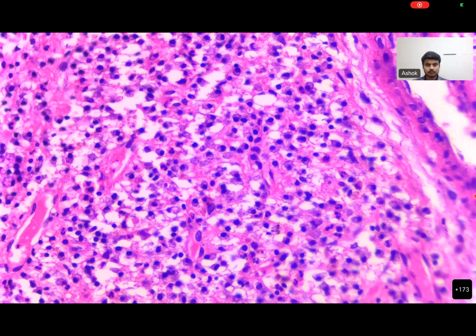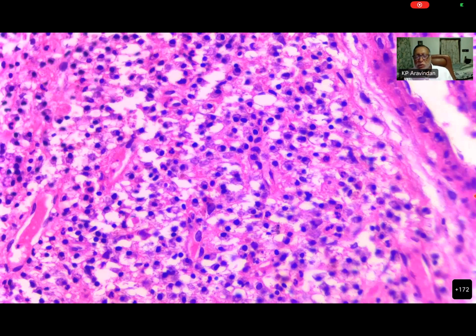And here in the slide itself, you can test for clonality. You can look whether it is kappa or lambda to find whether there is a restriction. So in this case, at least the electrophoresis and immunofixation were all negative.